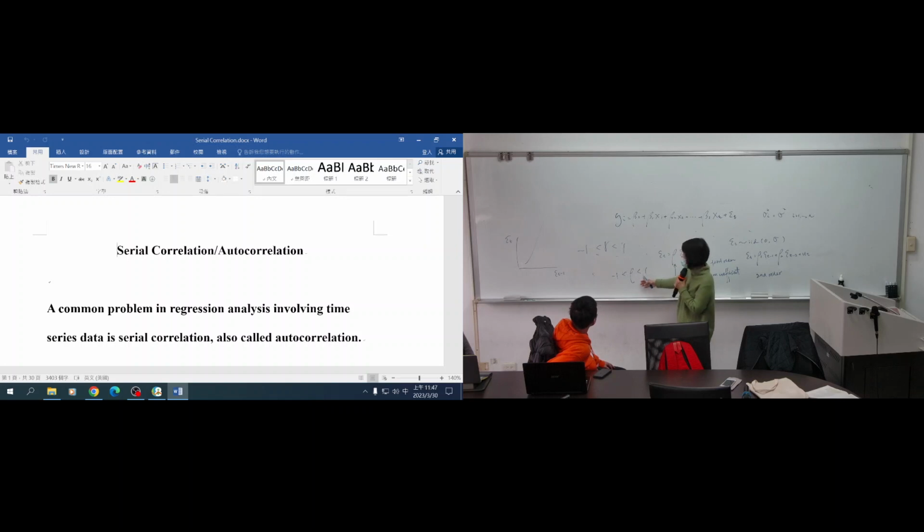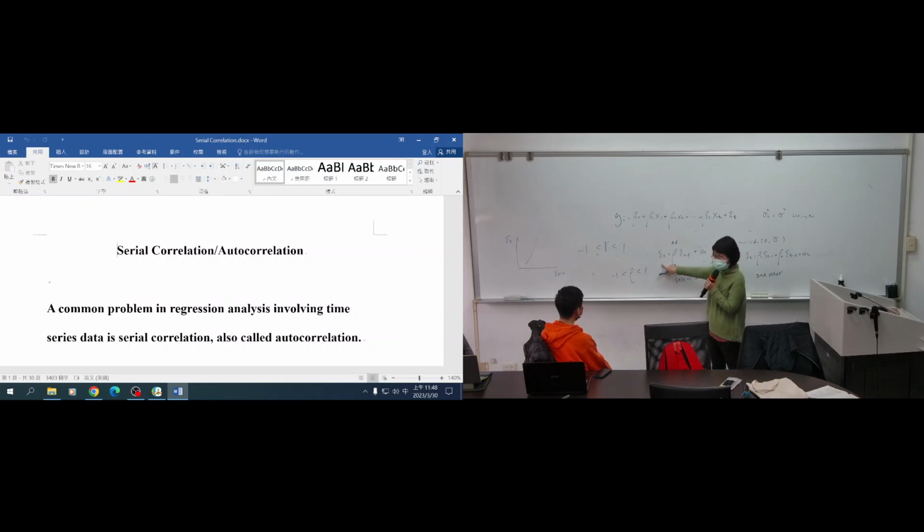When we say positive, suppose I say it is 0.6. This is between 0 and 1, right? It's close to 1, but not that close. So if I say 0.6, it means whatever happens now is related 60% to the previous period.